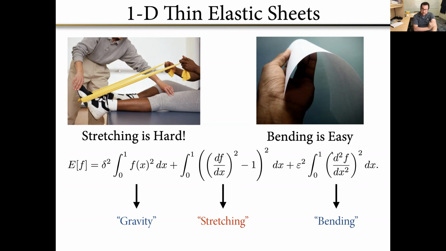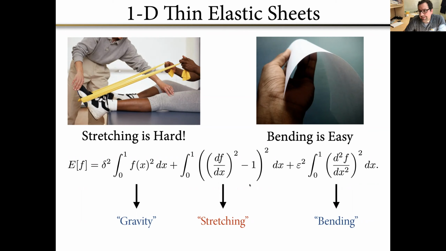And it's easy to write down. However, if you've taken a class in calculus of variations, the first thing you might try to do is calculate the Euler-Lagrange equations for this. The challenge with this is you're going to get a fourth order, highly nonlinear boundary value problem.